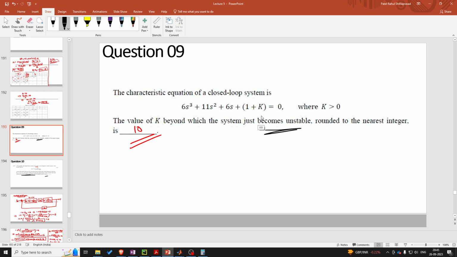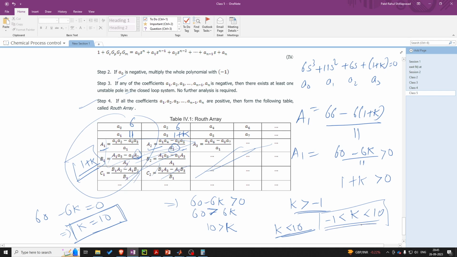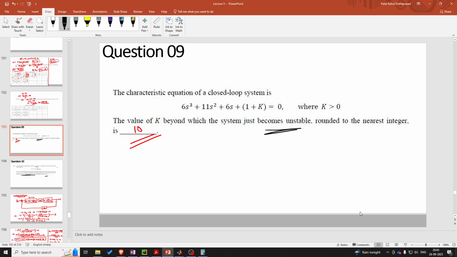So in that case also, using this range, the system will become stable at the boundary points. However, we will select this value because that will satisfy both of these criteria. That is why we selected the value of k equal to 10.